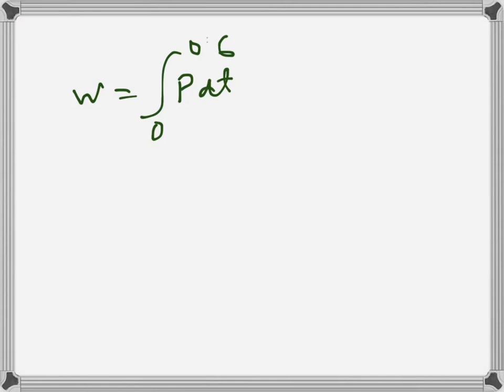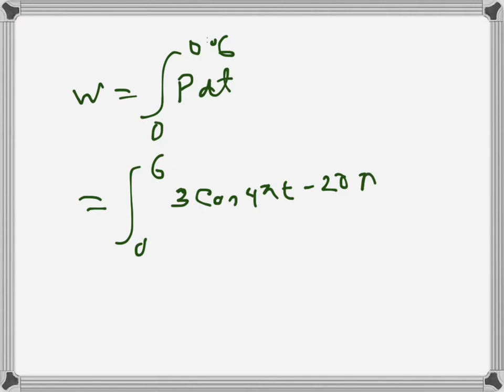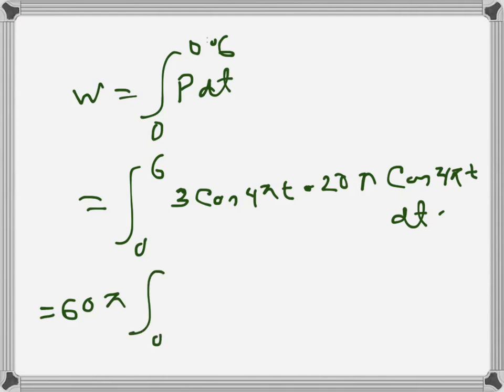Here p will be 3 cos 4πt times 20π cos 4πt, dt. So we can take the 60π outside the integration, and this is becoming cos² 4πt dt.